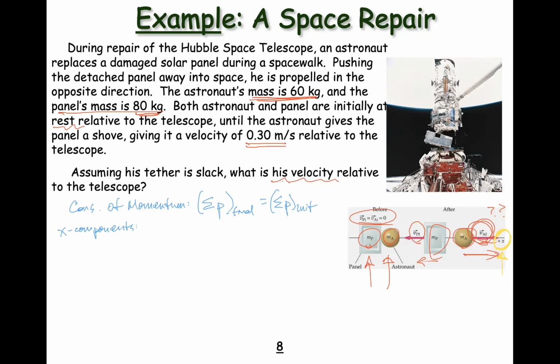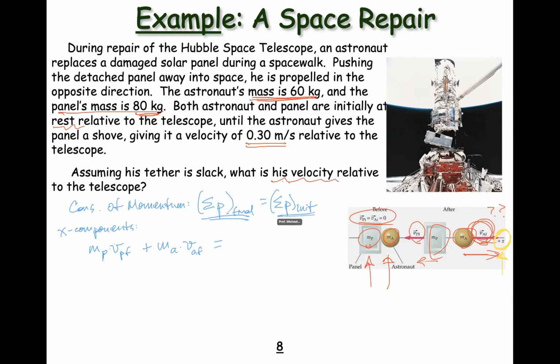What we want is the final momenta of the panel and of the astronaut. So we have mass of the panel, velocity of the panel final, and then mass of the astronaut, velocity of the astronaut final. Remember, these velocities are X components, so they can be positive if they're to the right or negative if they're to the left.